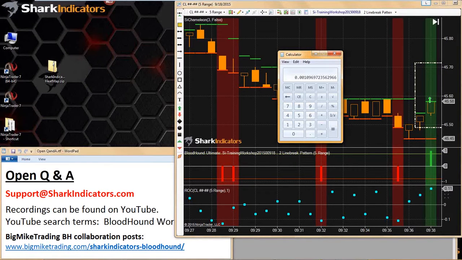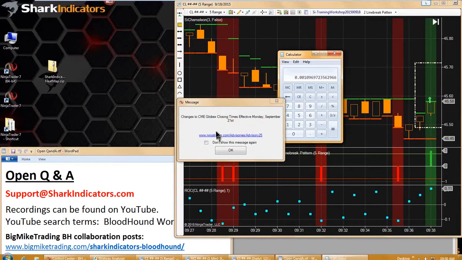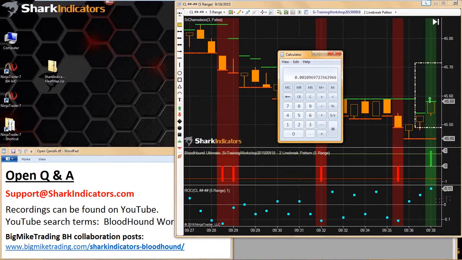So the indicator is returning 0.11, so that's 0.11%, not 11%. Yeah.